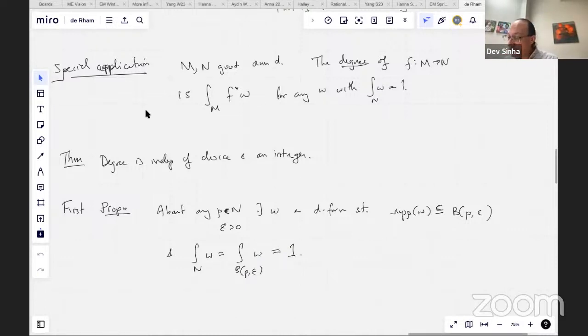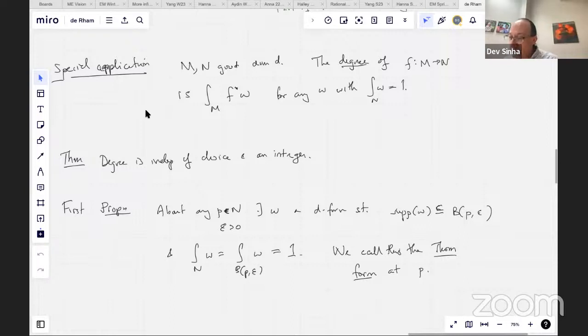And we're going to call this the top form at P. I can take a multi-dimensional Gaussian, although Gaussians go to infinity, so I might want to do something like e to the minus one over x in order to get something that cuts off. You do it in Euclidean space first, and then you use the fact that any manifold has these Euclidean neighborhoods to say, okay, this exists.